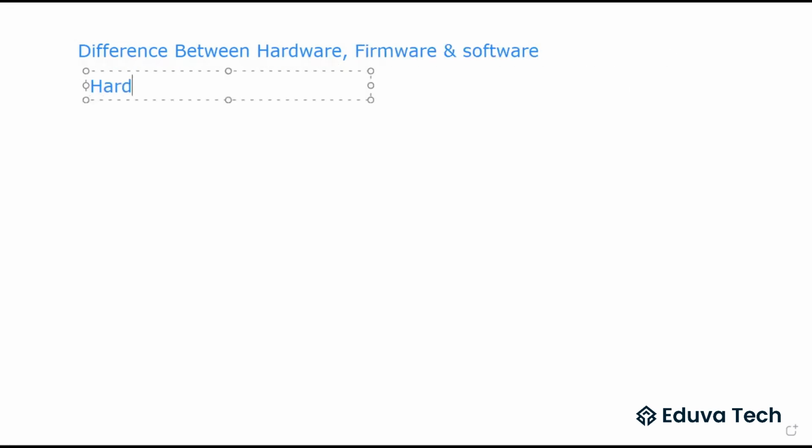So, what is hardware? Hardware is a device such as our mobile, laptop, or any other device which we can touch. Let me start with the discussion of hardware.